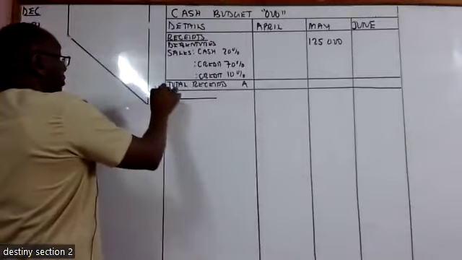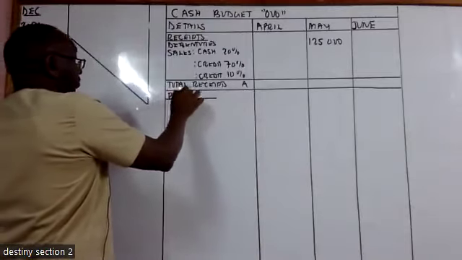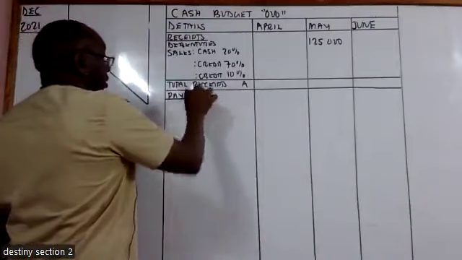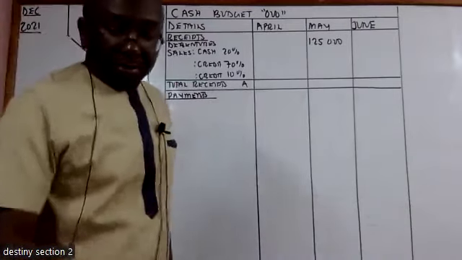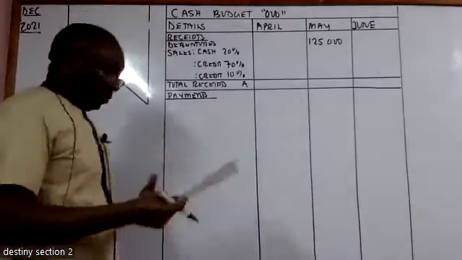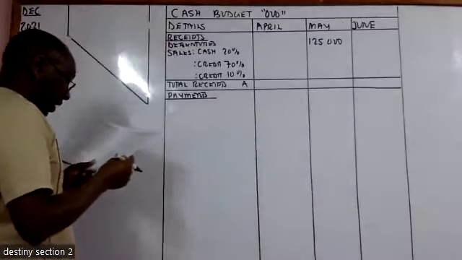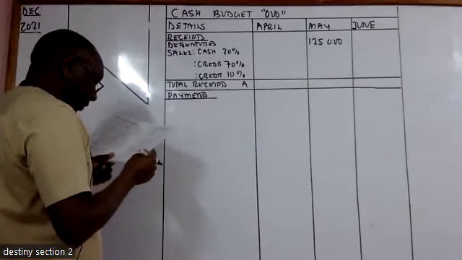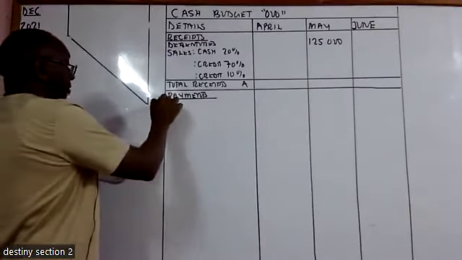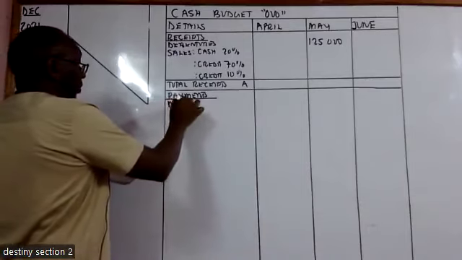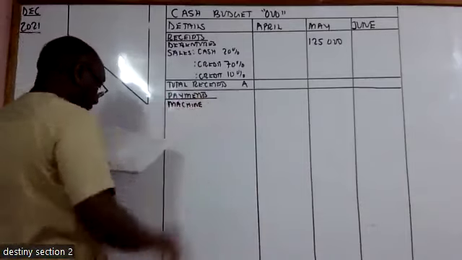We come now to the payments. When we come to the payments, we shall identify which are the payments. Starting with the information, Information 4, there is a machine.